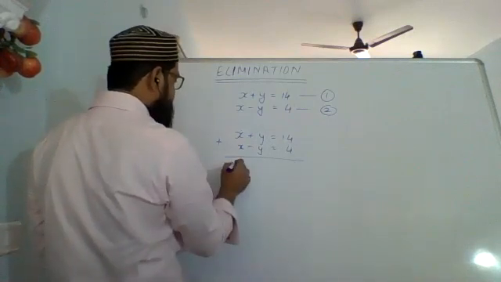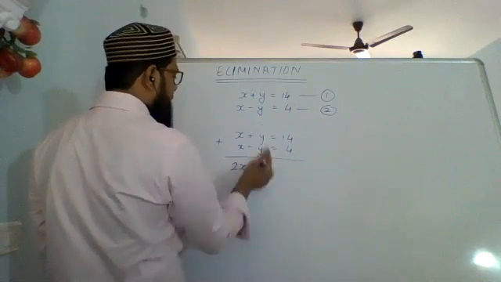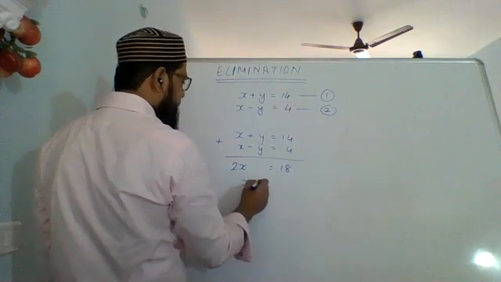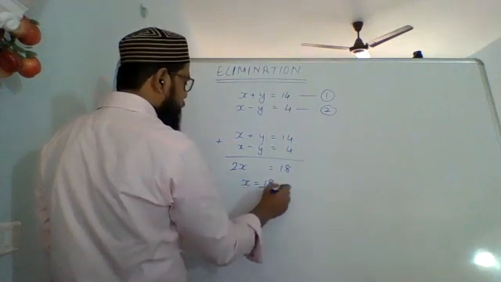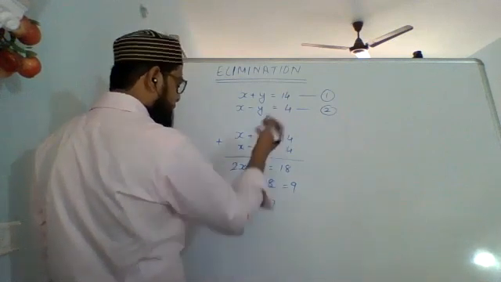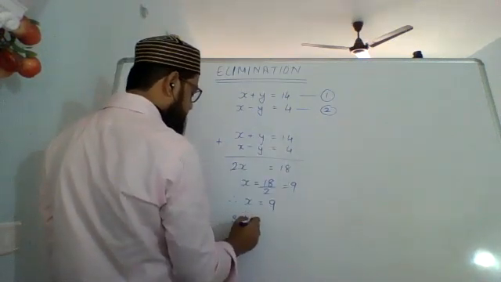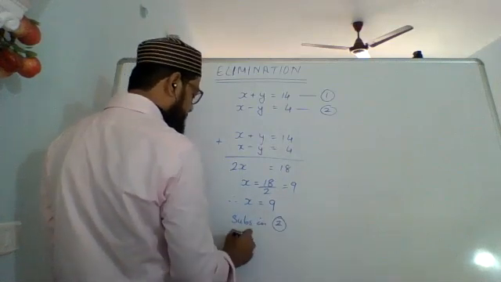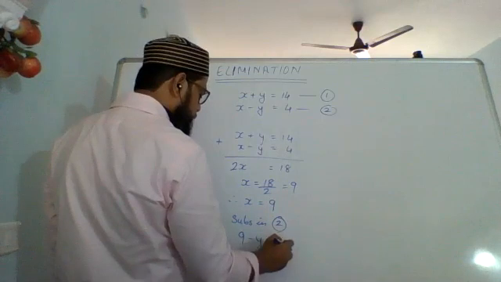So x plus x is 2x, plus y minus y is 0, 14 plus 4 is 18. x equals 18 upon 2, x equals 9. Substitute in any one, 1 or 2, whatever you want. So 9 minus y equals 4.